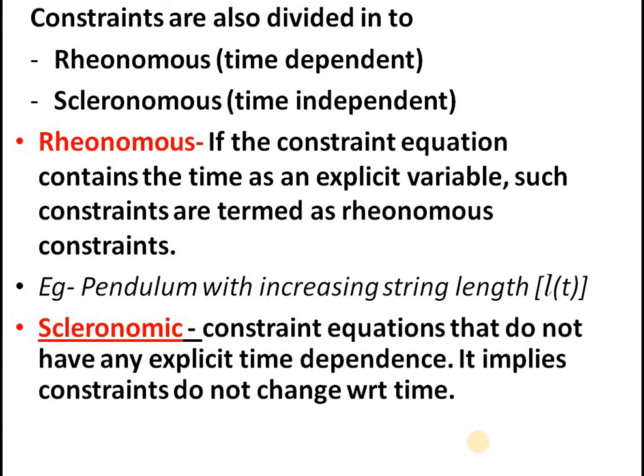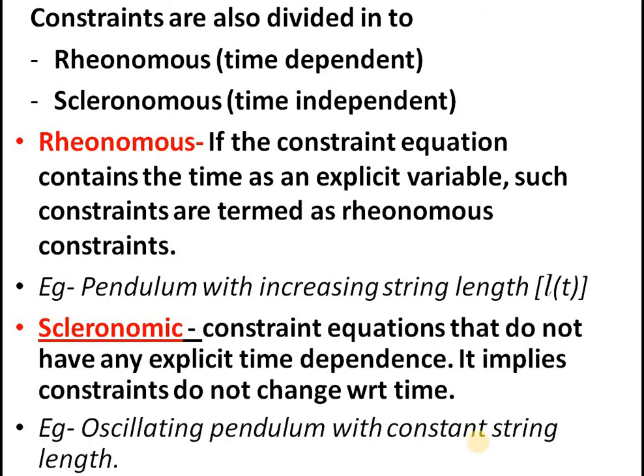And here comes the scleronomous constraint. Here time is not an explicit factor. That means the constraint does not change with respect to time. A very simple example is an oscillating pendulum with a constant string. Or any rigid body system with constant interparticle distance is an example. But suppose it is not a rigid body.